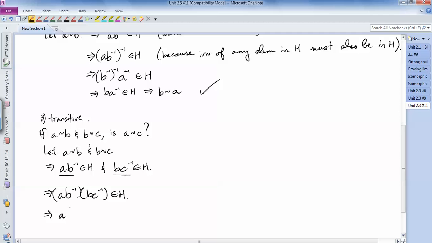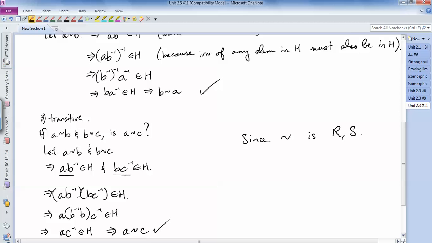So this is the same thing as saying A, B inverse B, C inverse has to be in H. And B inverse B is E, and then A times E is just A, so AC inverse has to be in H. And by definition of what our relation is, that means A has to be related to C. So yes, it's transitive. Since our relation is reflexive, symmetric, and transitive, it is an equivalence relation.